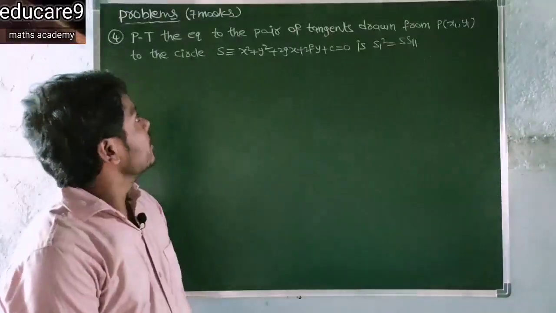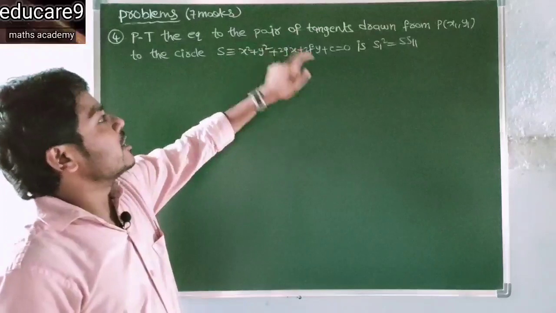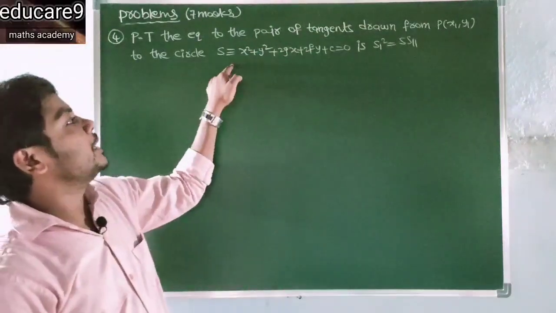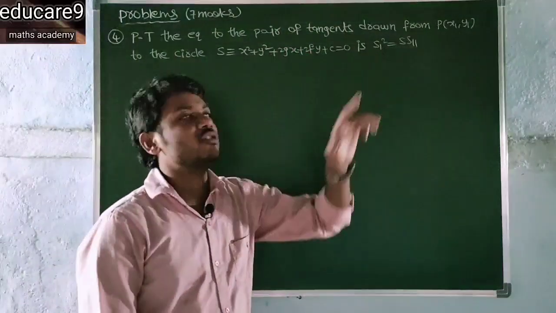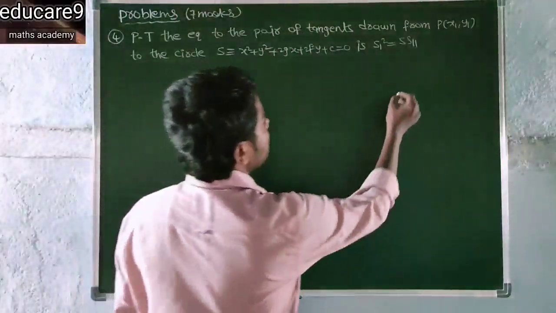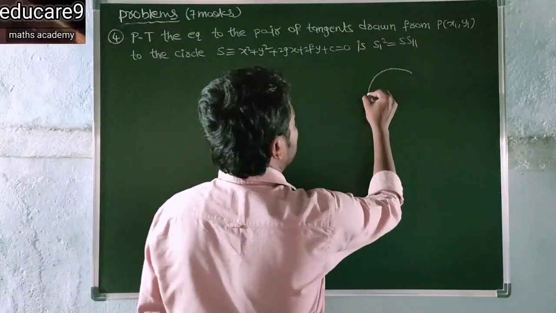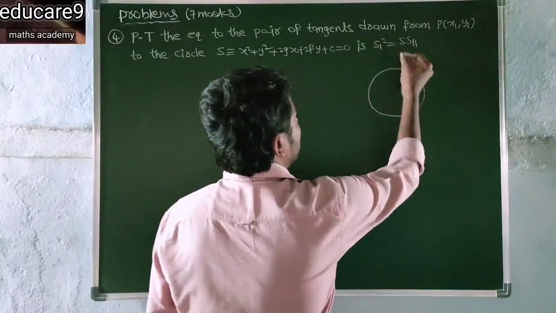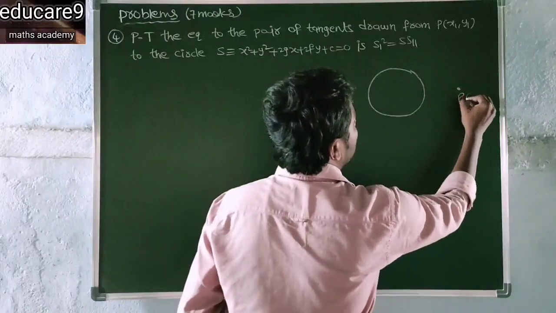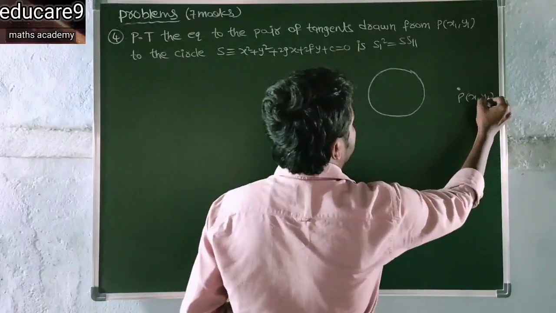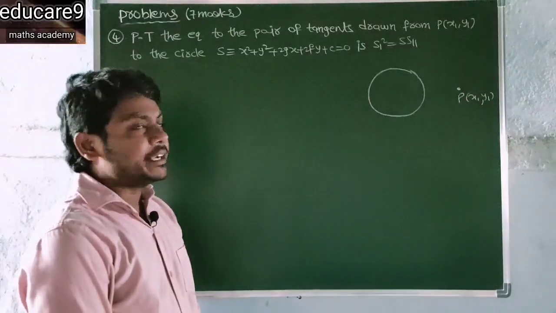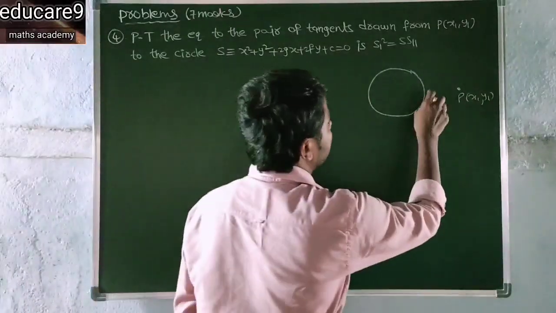So see the next one. Prove that the equation of pair of tangents drawn from point P to the circle is S1 squared equals S into S11. Suppose this is the given circle and P be any point, that is (x1, y1), outside the circle, and draw the tangents from P to the circle.